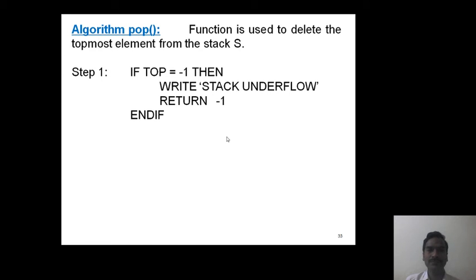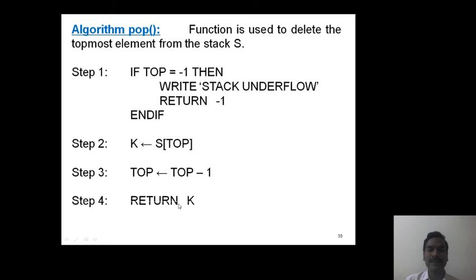If this condition is false, that means elements are available. Now step 2: k equals S of top, that means the S of top element is assigned to the variable k. Then top equals top minus 1, the variable top is decremented by 1. Now the deleted element is available in k, hence return k. So this is the pop operation.